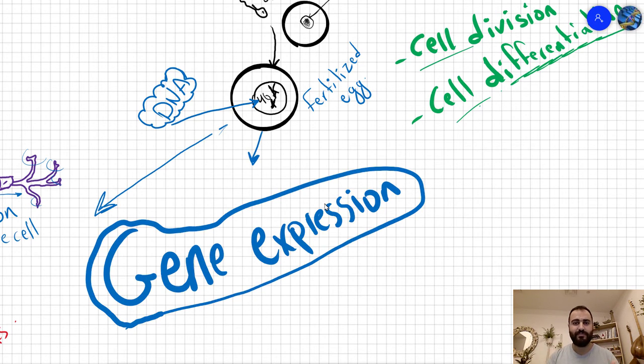When you use another recipe, you will definitely prepare different food. Okay, the same idea applies to DNA. Your DNA is the same everywhere in your body, in all your cells, but it is not used in the same way in all cells. That's why we have different cells and we have different functions.